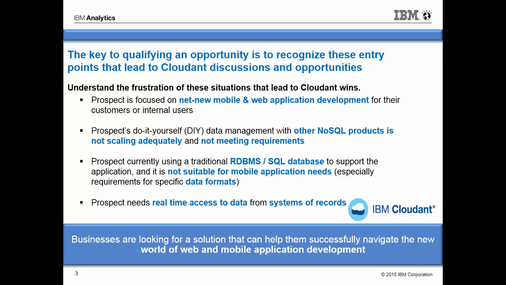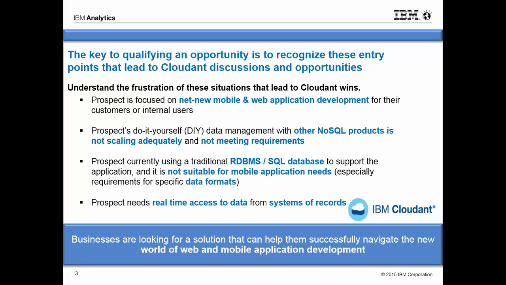And we know that mobile application development is key, and having access to that application and being able to work with the truckers as they're driving down the highway, and letting them know that they need to change course because the highway above has an accident, right? That systems of engagement with real-time access based on geospatial information is key, again, from a Cloudant perspective. It is at the heart and soul of what Cloudant offers your customers.